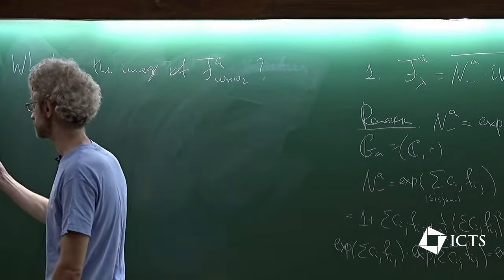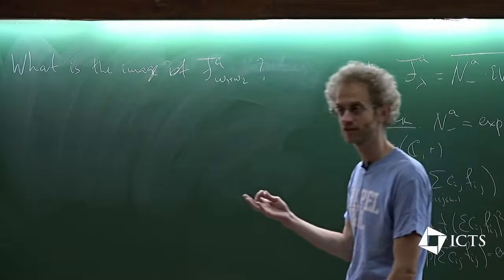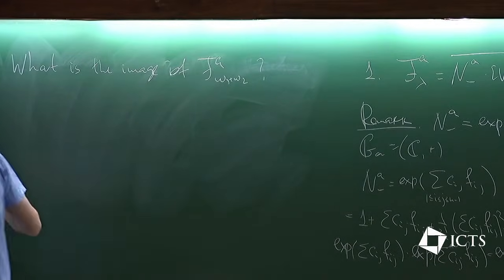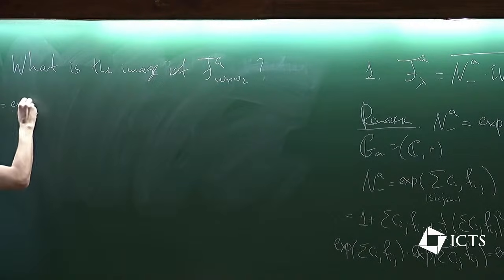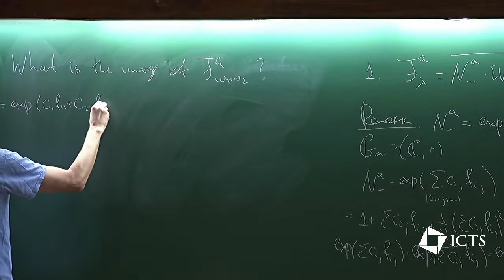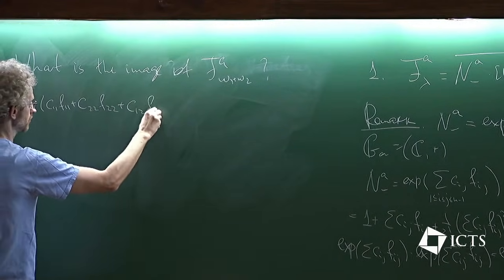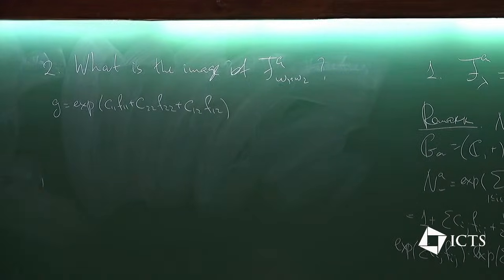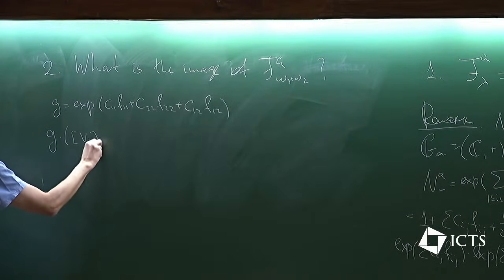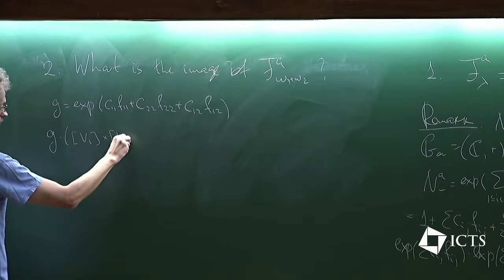Okay. So in order to understand how the construction works, let us do a very concrete computation. So we have g, which is exp(c_11 f_11 + c_22 f_22 + c_12 f_12). Okay, so this is an arbitrary element from our group. And what do we want to do? We want to apply g to the product of lines. The first line is V_1, and the next line is V_1 wedge V_2.